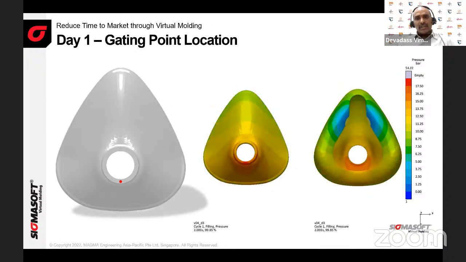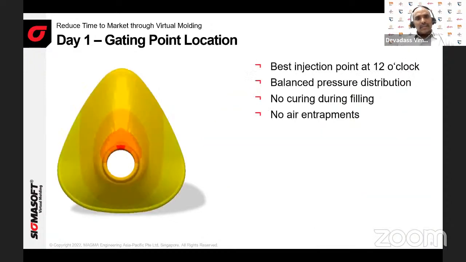We tested all these versions and found that the gate location at 12 o'clock gives balanced pressure distribution. We also see there is no scorching during filling, and no air entrapment. So we decided to take this as the gating location.